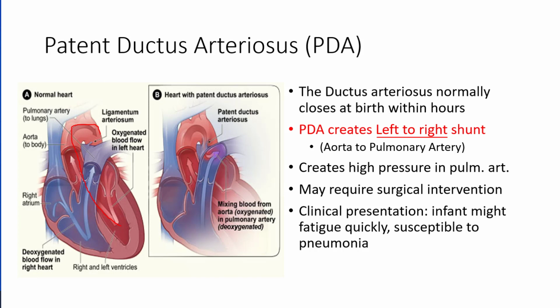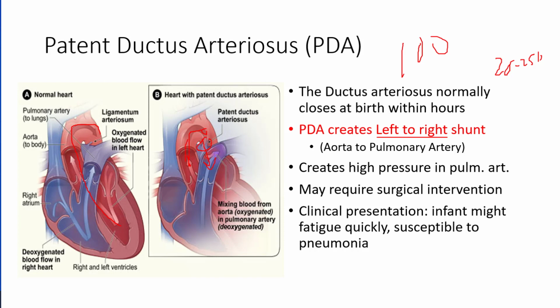With this PDA present, because the pressure in the aorta is much higher than the pulmonary artery, remember, the aortic pressure is typically somewhere around 100 mean, and our pulmonary pressure is typically no more than about 20 to 25 millimeters of mercury, right? Blood is going to shunt from the left side, the left heart, into the lower pressure right side, right? So we create a left to right shunt.